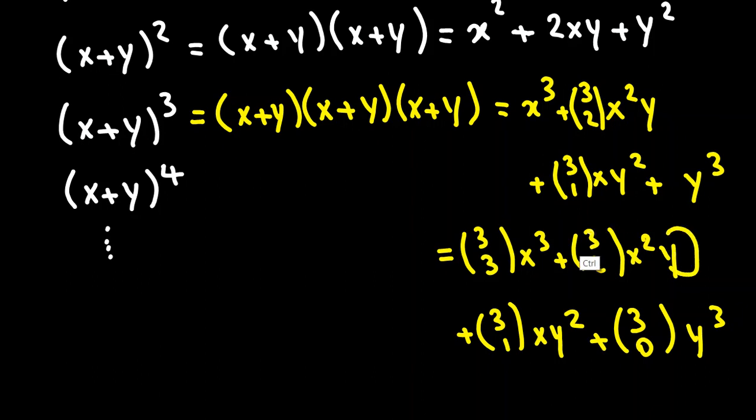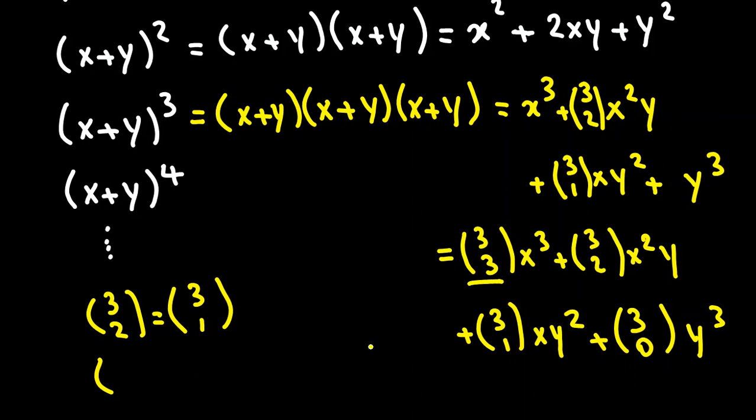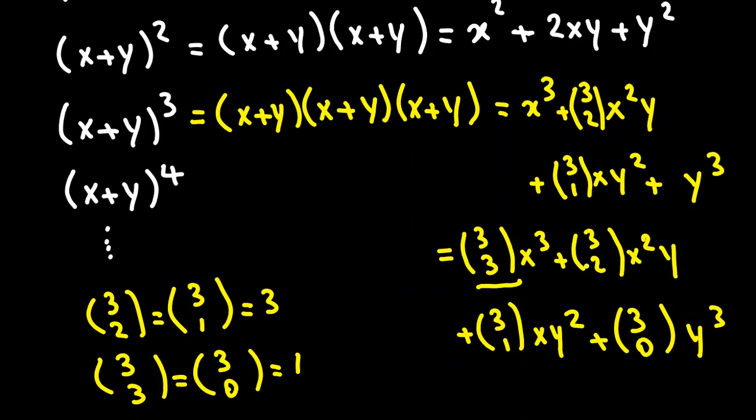I say no problem. 3 choose 2 you can prove easily by the formula I told you is always equal to 3 choose 1. Here instead of 3 choose 3 you say 3 choose 0. So it is always the same: 3 choose 3 equals 3 choose 0 equals 1. So it is not important whether you consider selecting x or selecting y.